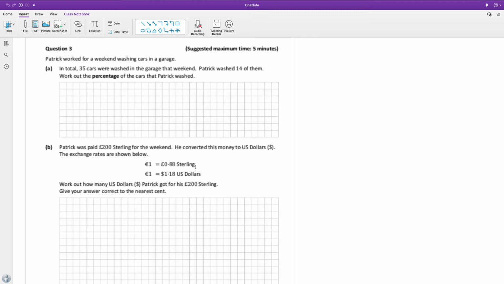Patrick worked for a weekend washing cars in the garage. In total, 35 cars were washed in the garage at the weekend. Patrick washed 14 of them. Work out the percentage of the cars that Patrick washed.